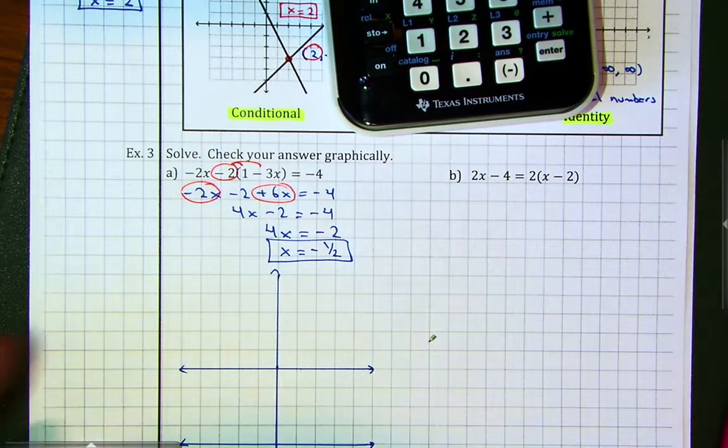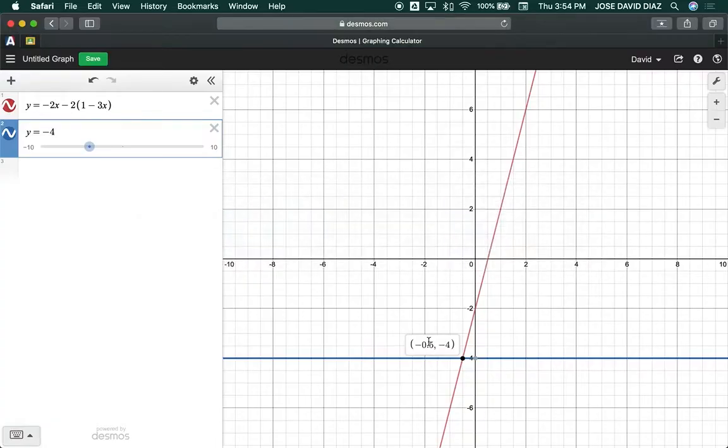To graph this, I'm just going to go back to my graph, and I know it crosses at 0, negative 2, 1, 2. And in here, you can actually just drag your point if you're not too sure. There. And 2, 6. Close enough. There you go. 2, 6.